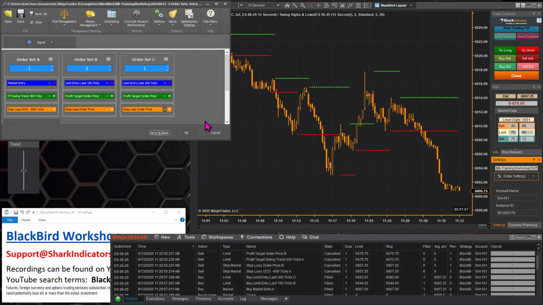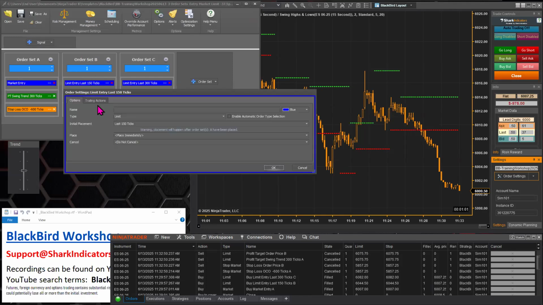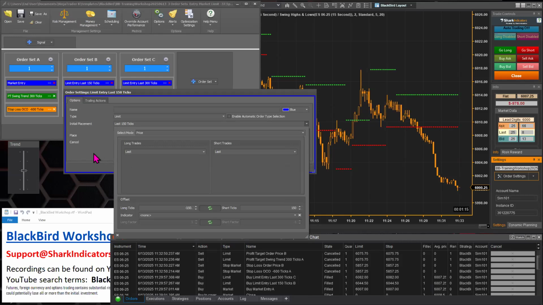And yeah, all right. I did not put the negative symbol into our scale in entry orders there. Yeah, there's the problem. That's all it takes, is forgetting that limit symbol or negative symbol.